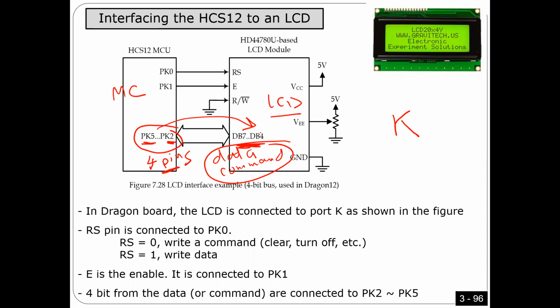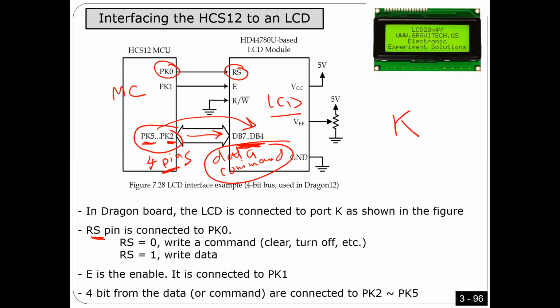What else do we have? We have PK0, only one pin, connected to what we call RS. How do we use this one? What we send here can be data or it can be a command.